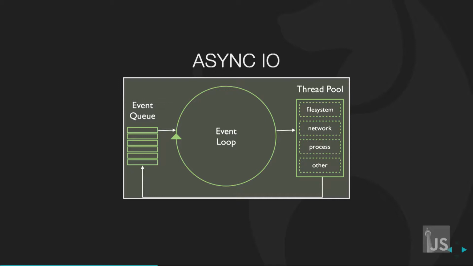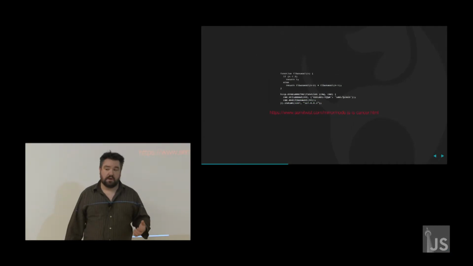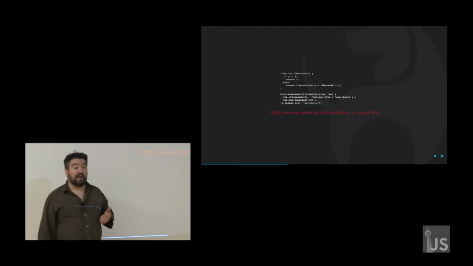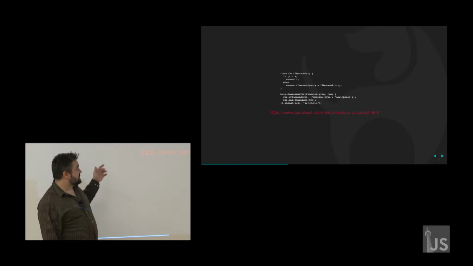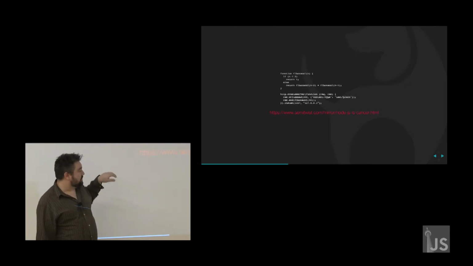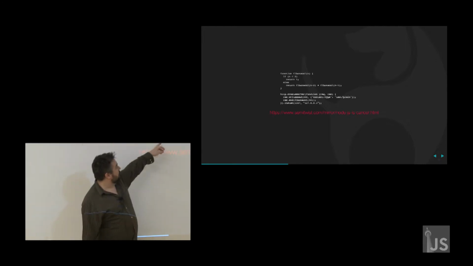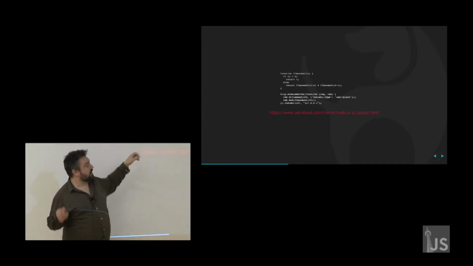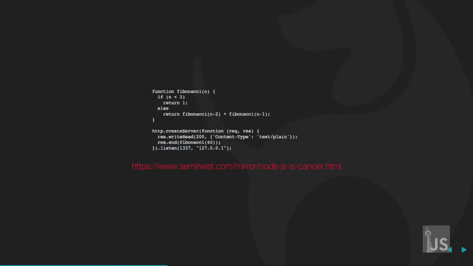Because our code is running in the same process as the event loop, it didn't take long for people to realize that there's a problem with this. This is a very popular example called "Node.js is Cancer." We're taking a Fibonacci loop with a response.write, response.end, and running Fibonacci for 40 instances.